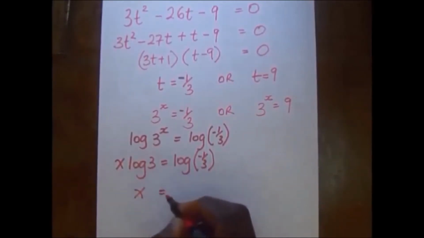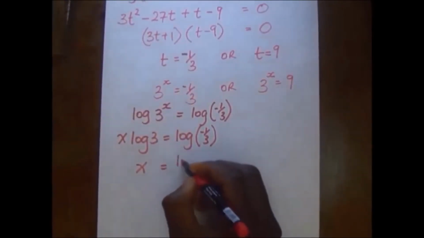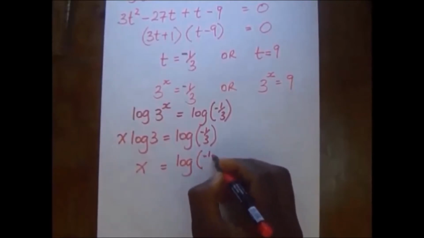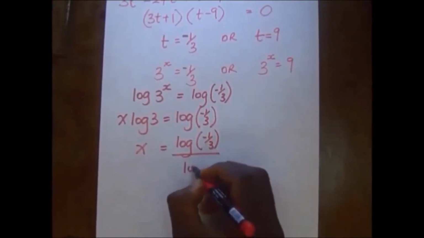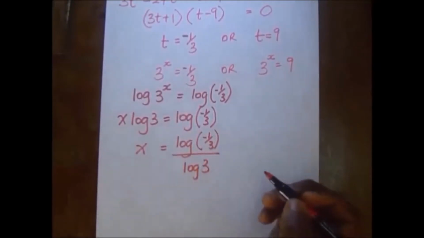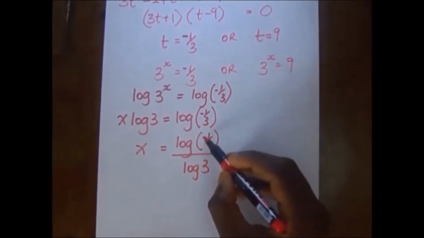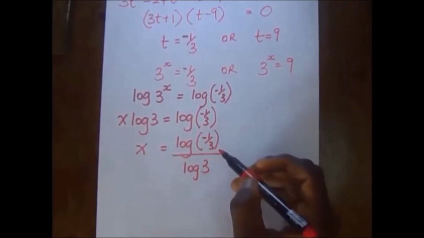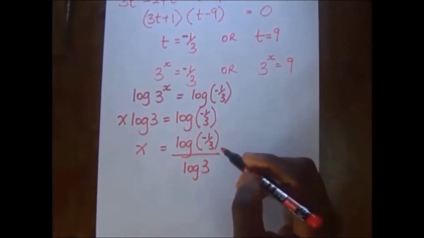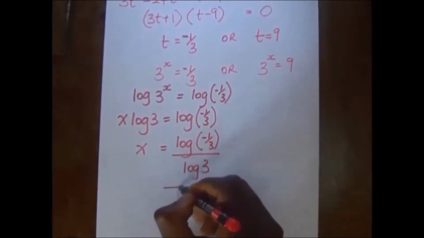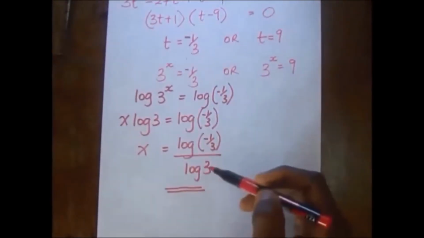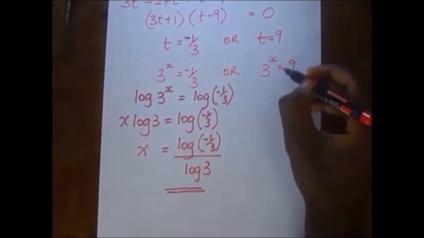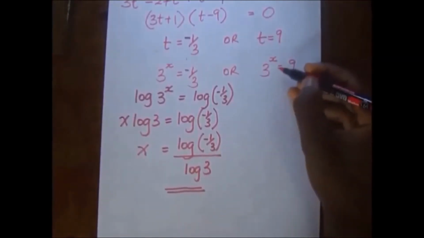So x here is going to be equal to the log of negative a third, divided by the logarithm of 3. But the log of a negative number does not exist. So because it does not exist, we shall ignore this value of x, and so we consider this one. So let's go ahead and put log on both sides for this value of x.